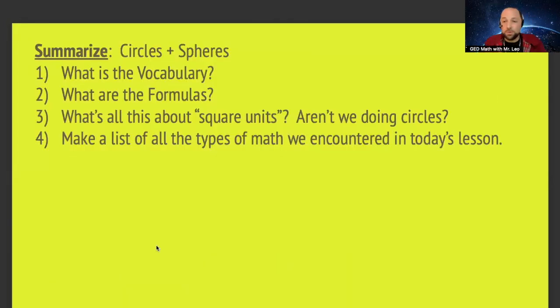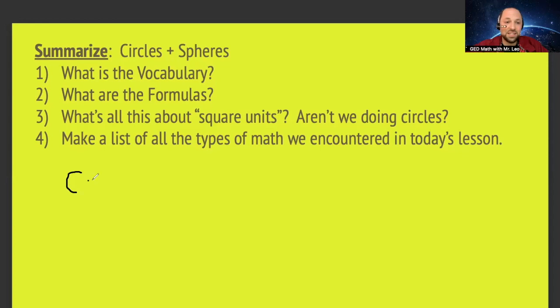So let's summarize circles and spheres. First off, what was the vocabulary today? Did you write it all down in your notebook? We talked about pi, radius, diameter, circumference, area, volume, and spheres. We even mentioned perimeter. Okay, what were the formulas? Do you remember? We looked at circumference. Let's write these out. They're worth writing out again.